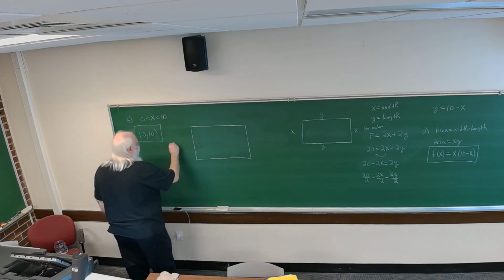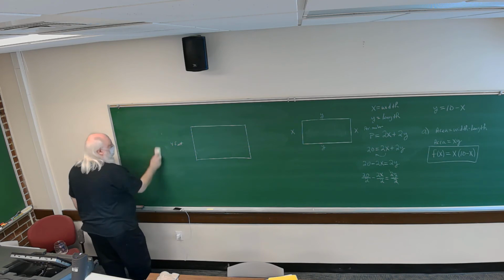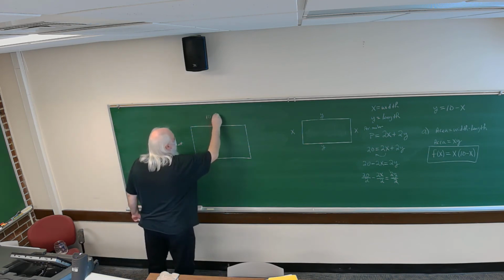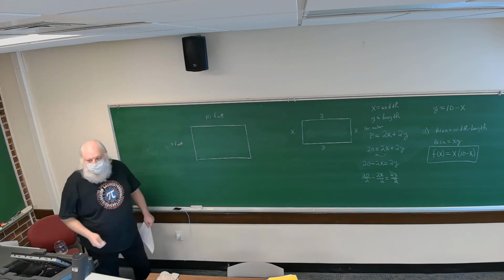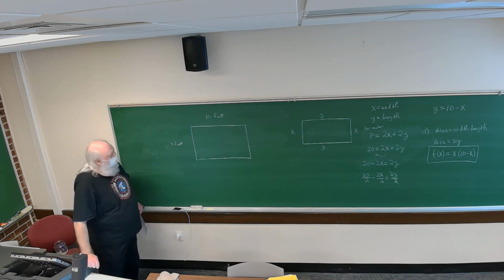The width is 4 feet and the length is 10 feet. And we're going to make a box with an open top. You can't close the top; the top is open.